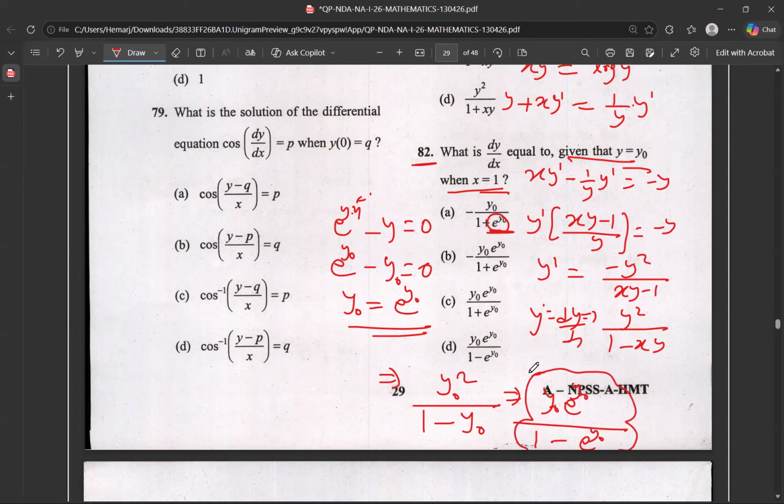To match our answer with the options, I put y dash equal to e to the power y, and also in the denominator I put y dash, or y0, equal to e to the power y0. Now look at the options. Option D is y0 e to the power y0 divided by 1 minus e to the power y0. So option D is our correct answer for question number 82.